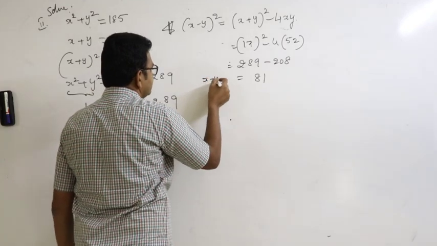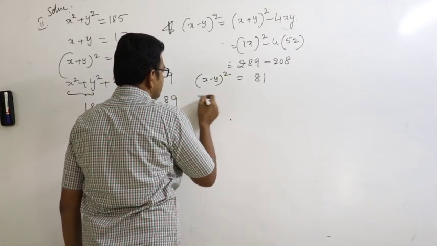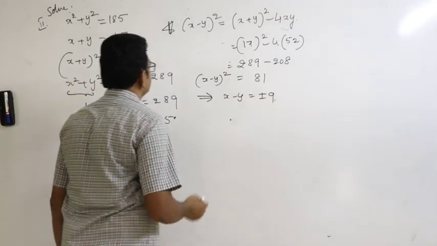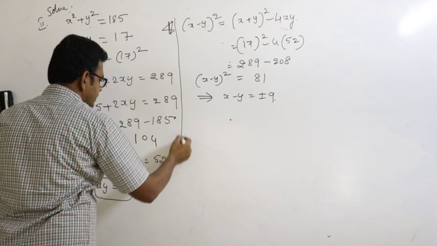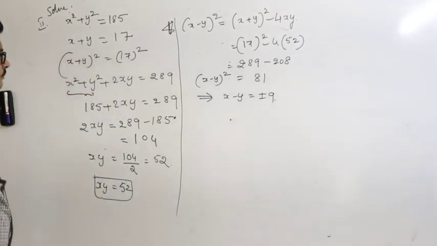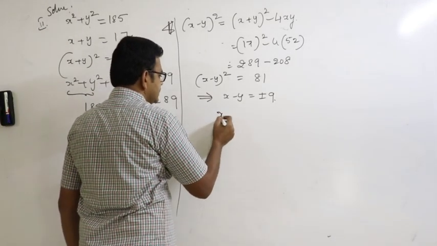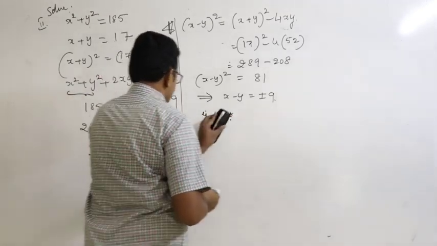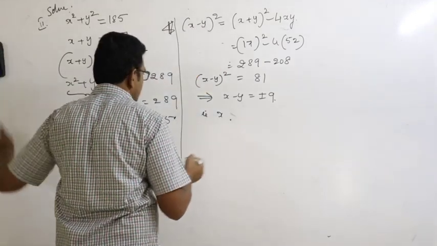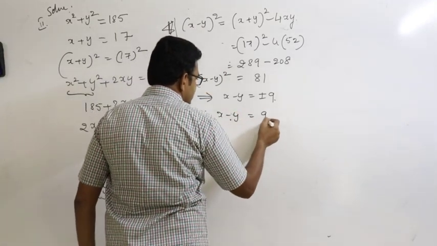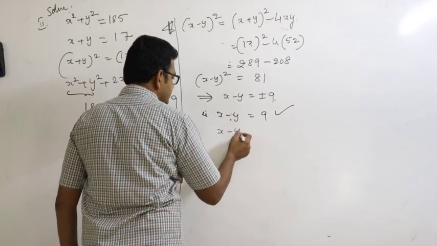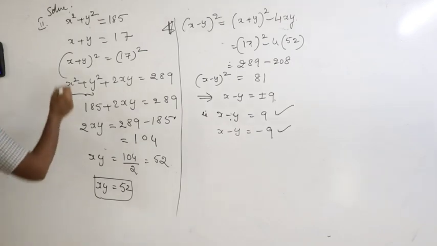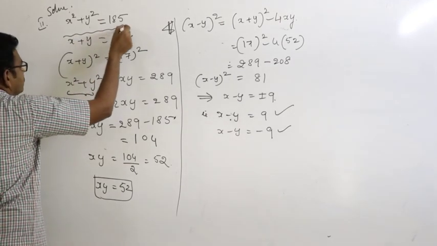So x minus y whole square equals 81, which implies x minus y is equal to plus or minus 9. That is, x minus y is equal to plus 9, one equation, and x minus y equal to minus 9 is another equation. But x plus y equal to 17 is the only one equation.